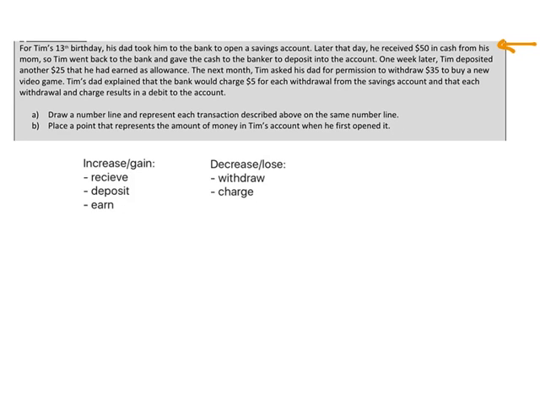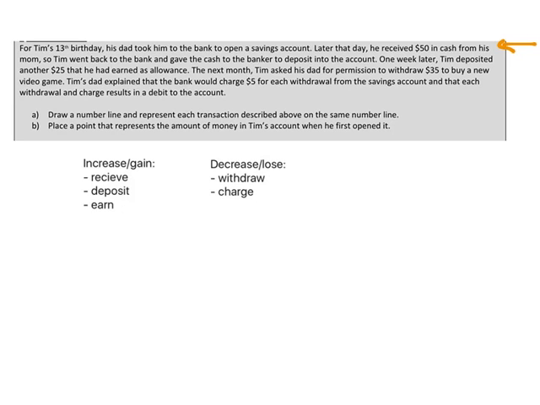So if I look back at my list, I can find two words that are in my sentence and in my list. And those words are received and deposit. So both of those words are in our increase/gain list.